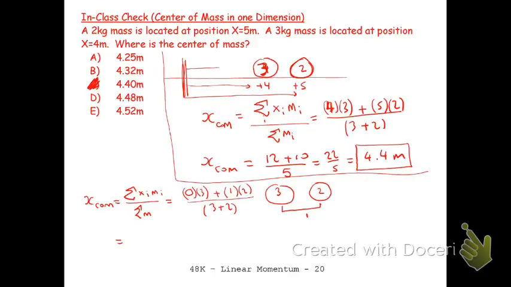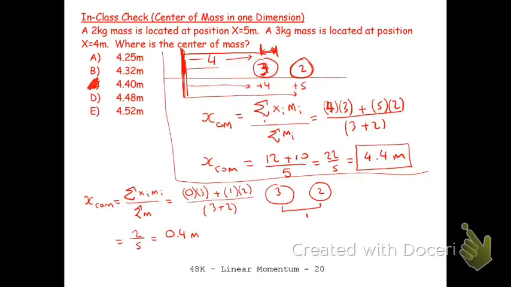So this is nothing plus 2, 2 over 5, which is 0.4. It's not the same numerical answer, but can you see I'm 0.4 from there, which is the same as being 4.4 from there. So this 4.4 is measured from over here, and that's where your 4 is, and then you have your 0.4 there. Same answer.